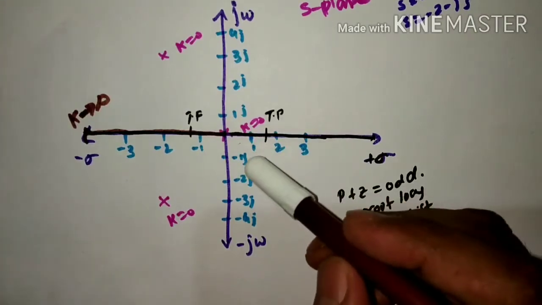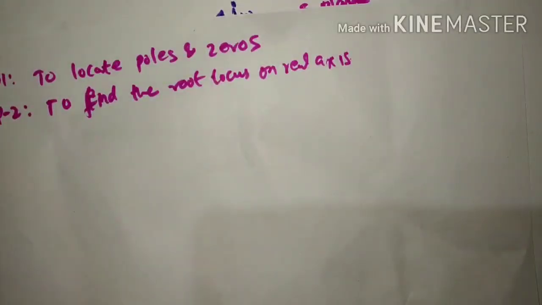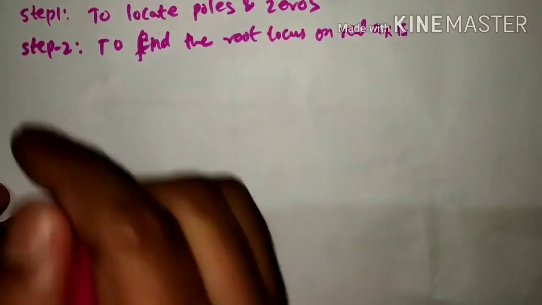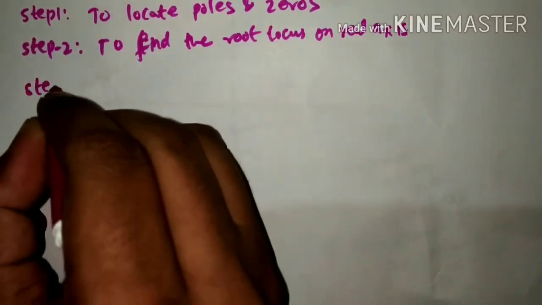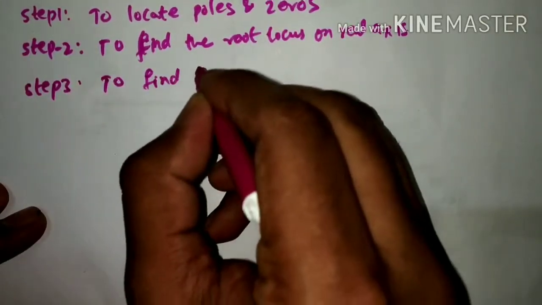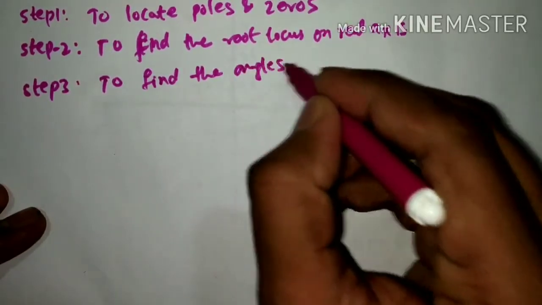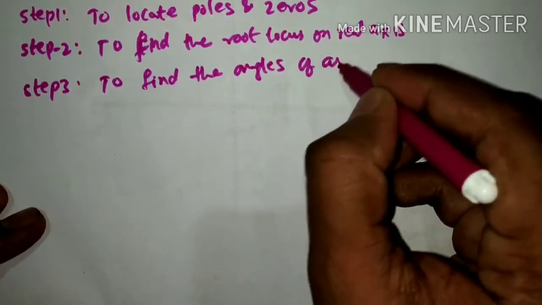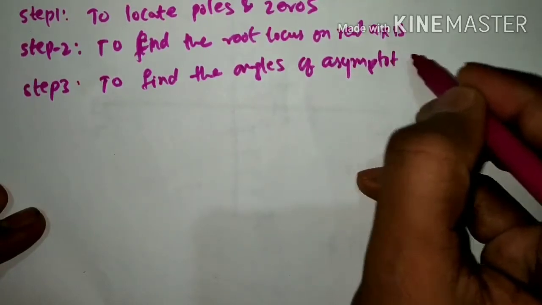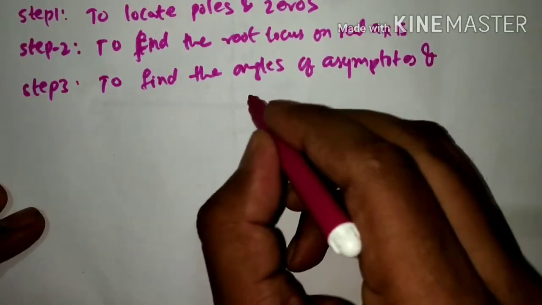Step 3: to find the angles of asymptotes and centroid.